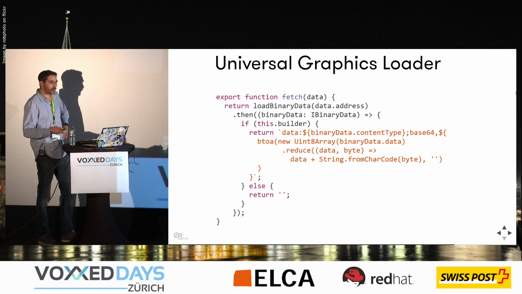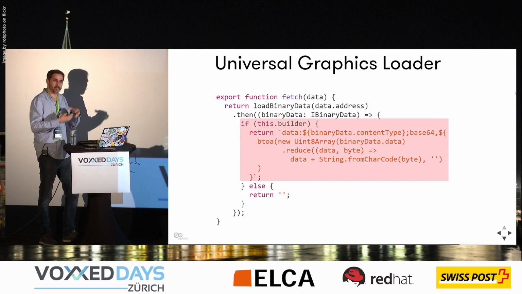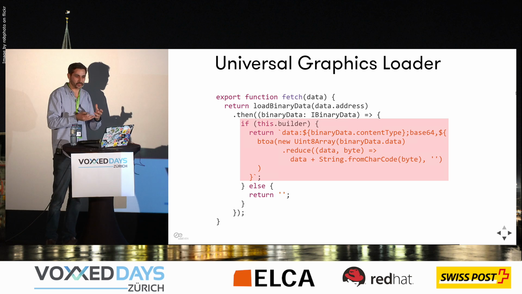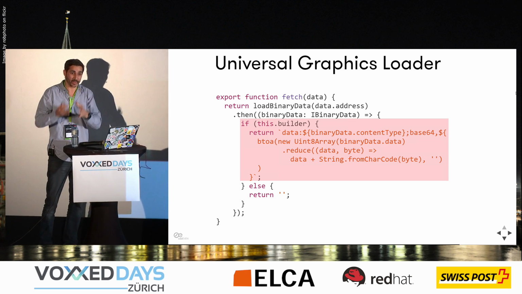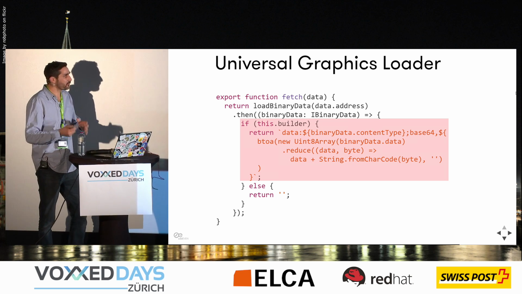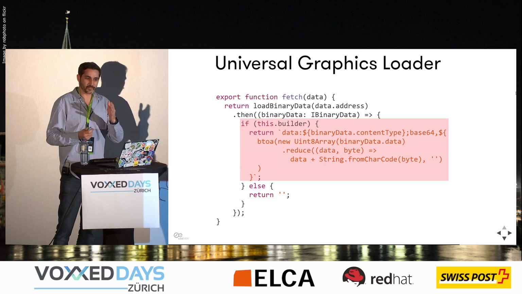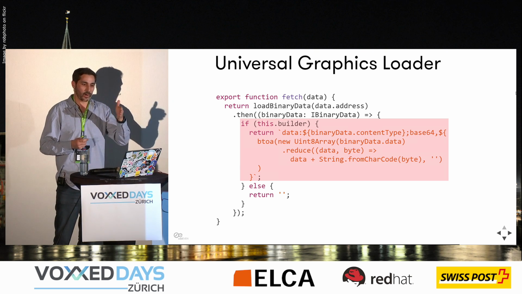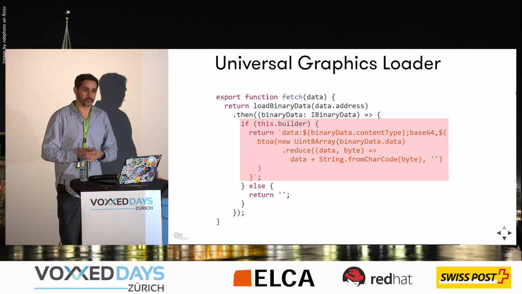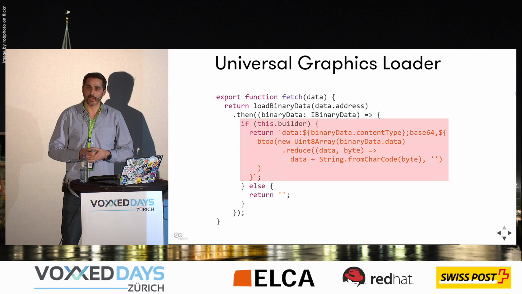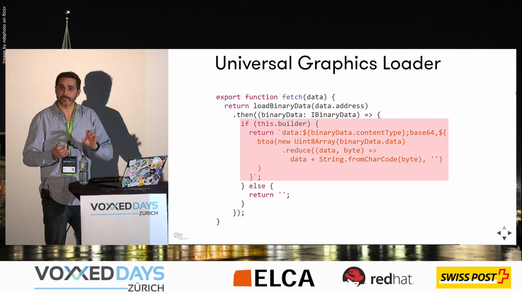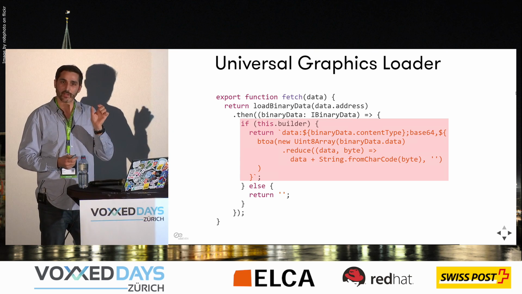And now in SystemJS, since it's universal, we can always check: are we currently in a builder phase? Is this running on Node.js and we are building this whole thing? Because then we need to do something different. In this case, our graphics loader is actually a data URI loader that, in the browser, directly uses the address that we are importing.